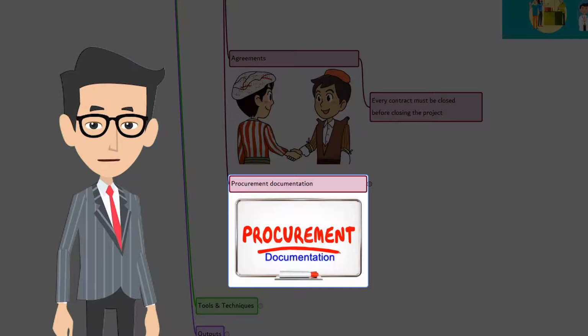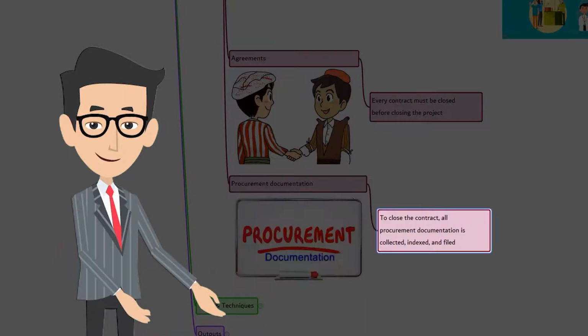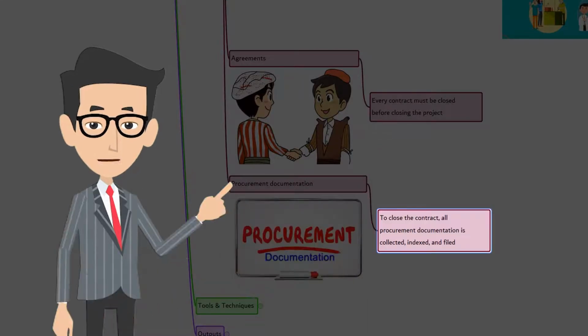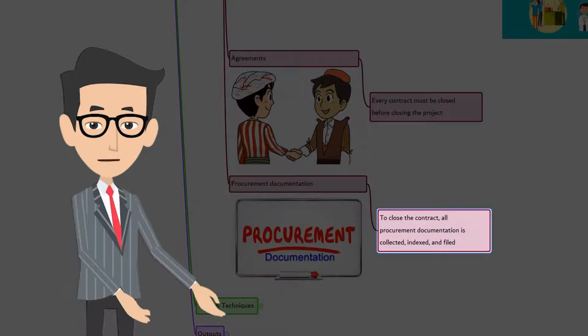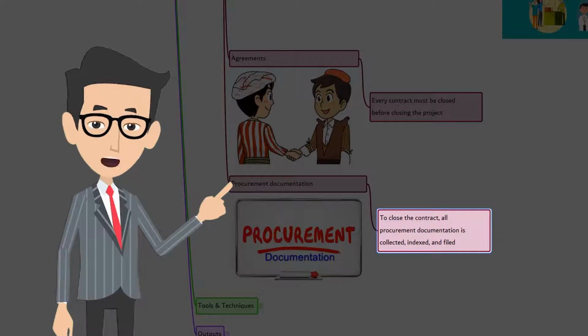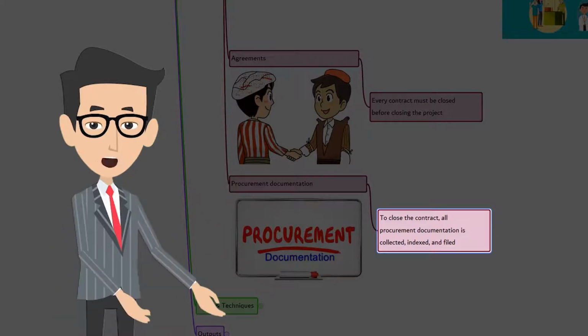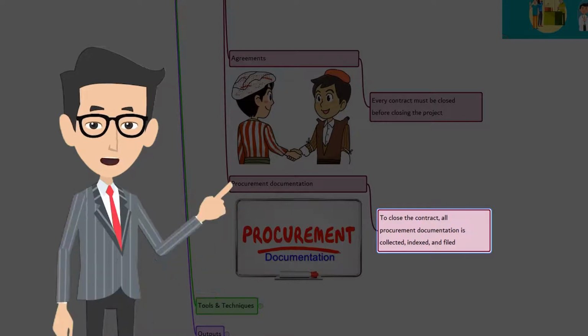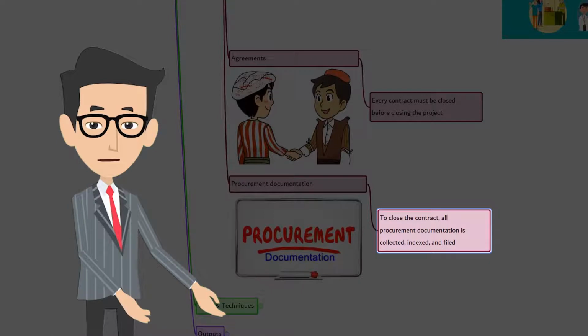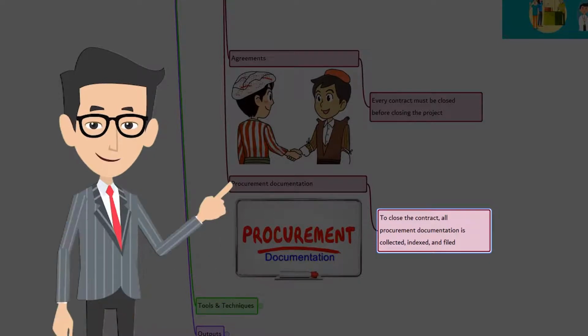The next is procurement documentation. To close the contract, all the procurement documentation is collected, indexed, and filed. Information on contract schedule, scope, quality, and cost performance, along with all contract change documentation, payment records, and inspection results are catalogued.